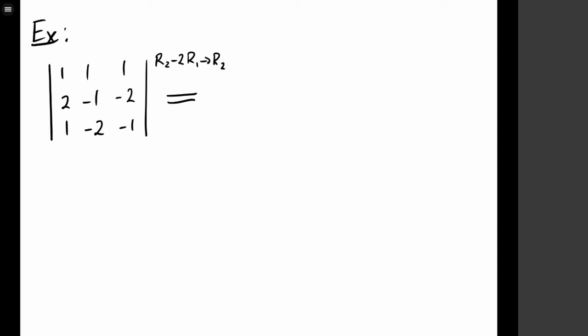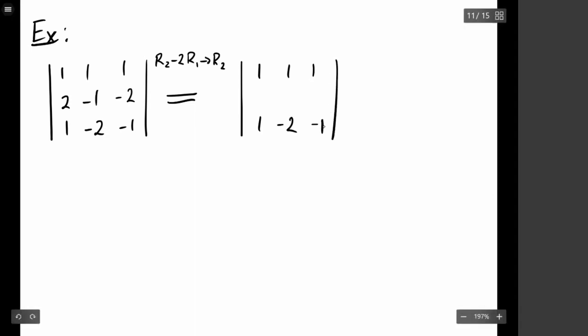Now remember, this row operation doesn't change the determinant, so we just say this determinant equals this one. So this row is going to be 2 minus 2, negative 1 minus 2, and negative 2 minus 2.